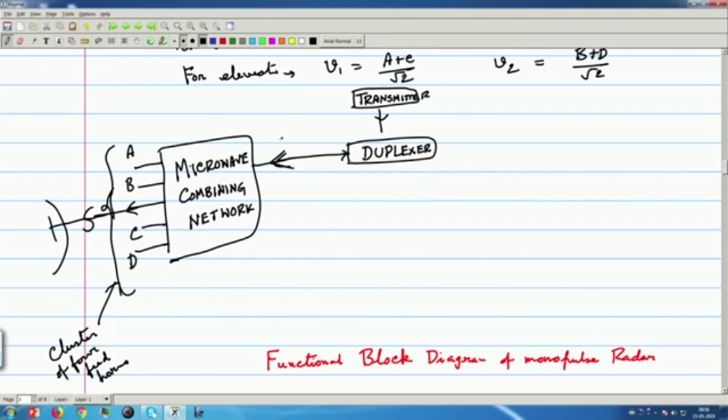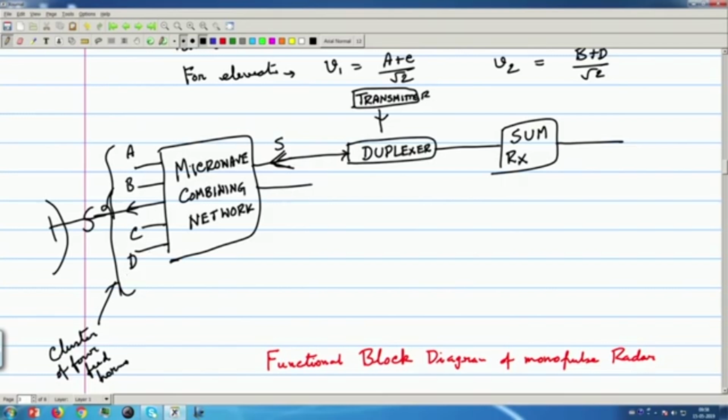Here the S also comes, whatever has been received, and the S that has been transmitted I am writing here also. So, duplexer, then it will go to the receiver. This receiver we call the sum receiver.